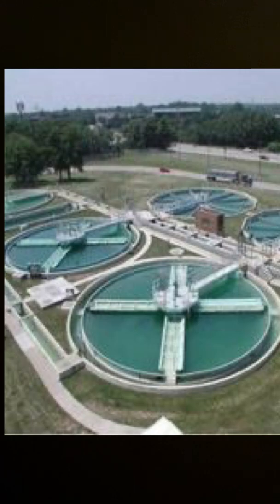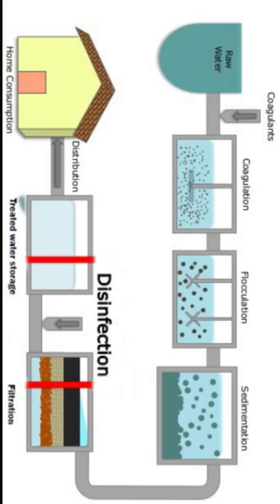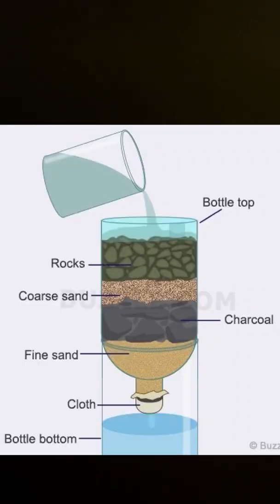Water passes through four steps: coagulation, sedimentation, filtration, and the last one, disinfection. In today's experiment, we will be focusing more on filtration. You will see how a simple homemade purifying system helps in cleaning wastewater.